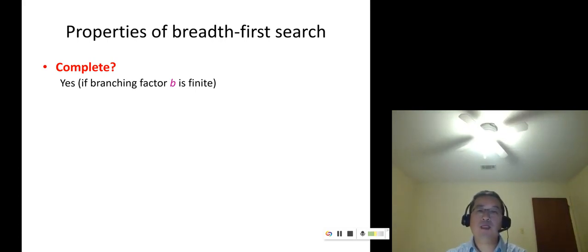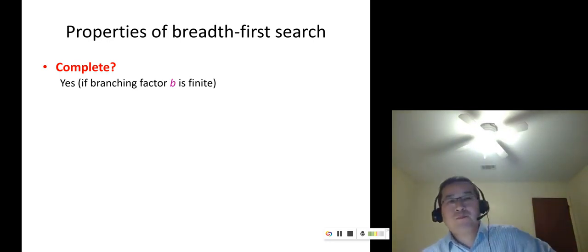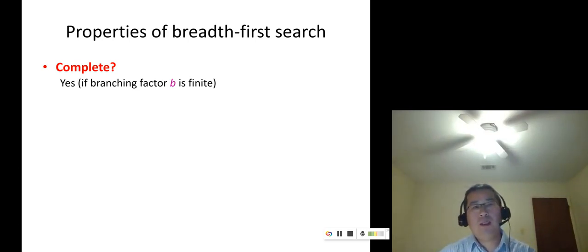B is the maximum number of children. Maybe there's some node which has infinitely many children, then you cannot finish. Infinite means you cannot finish. So as long as the branching factor B is finite, then it's complete.